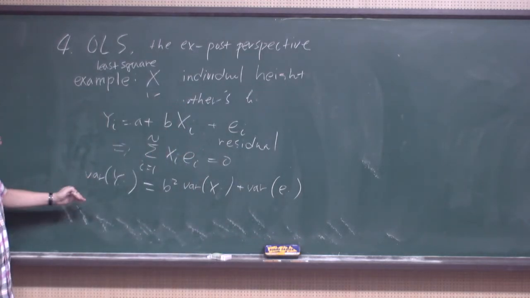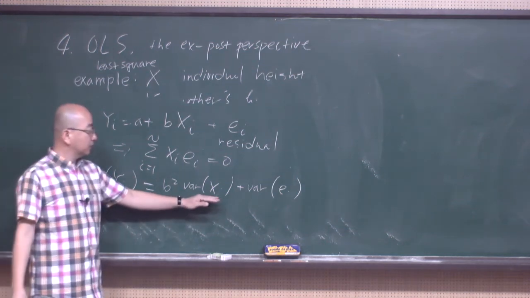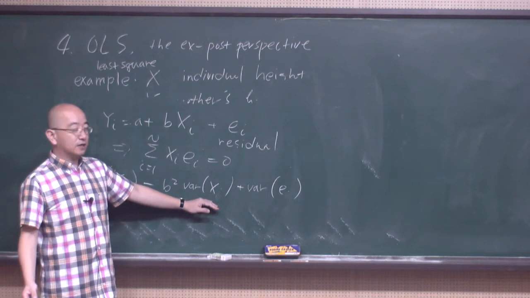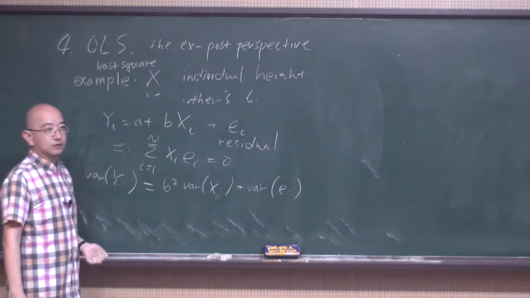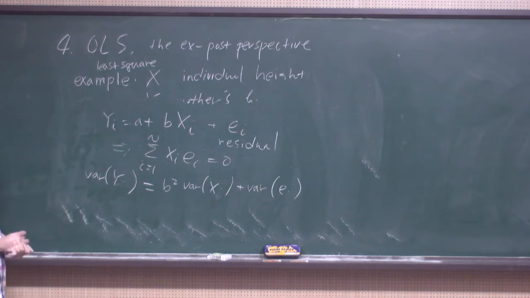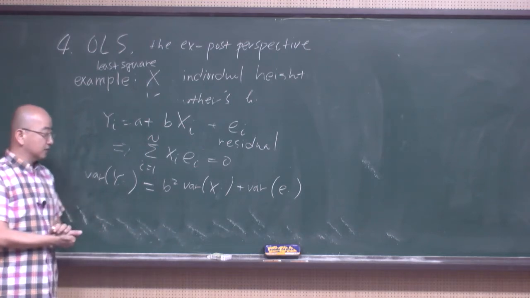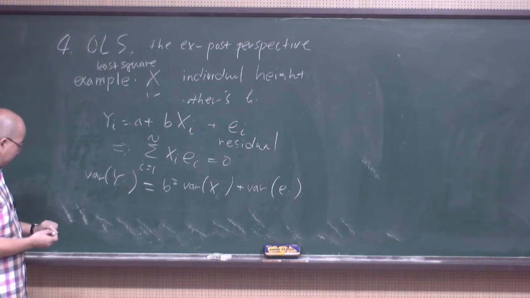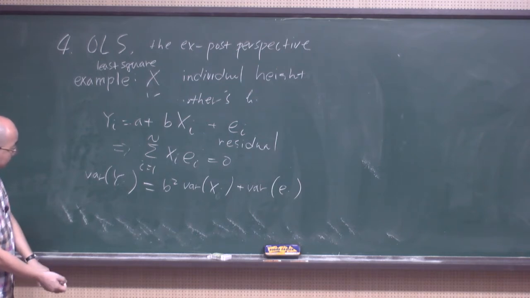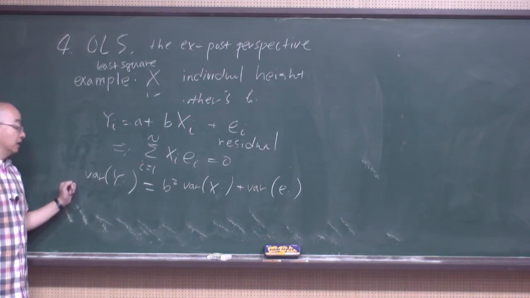So we just calculate variance of all the y data, variance of all the x data, and variance of the residual determined from this equation. And b is found through ordinary least square method.